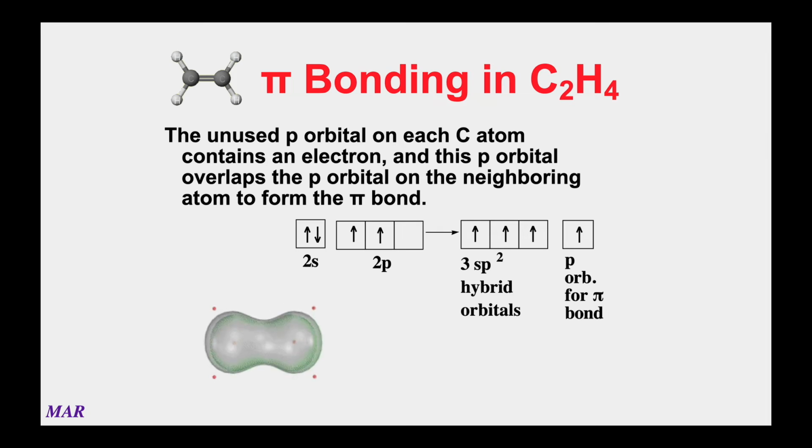So again, you've got these carbons, and they've got these unused 2p orbitals, which are above and below. In the middle right here, this would be all of the sigma bonds, and there's sigma bonds right there. But the pi bond arises because the 2p orbitals are interacting with each other.